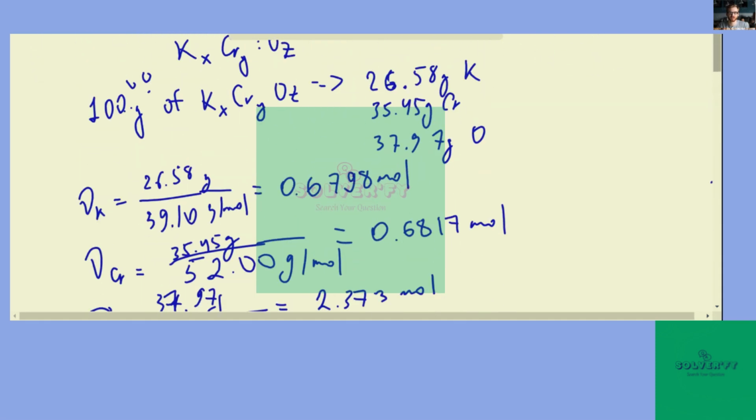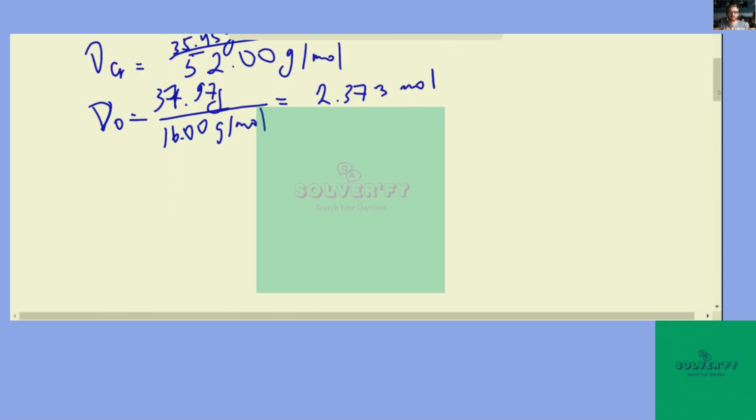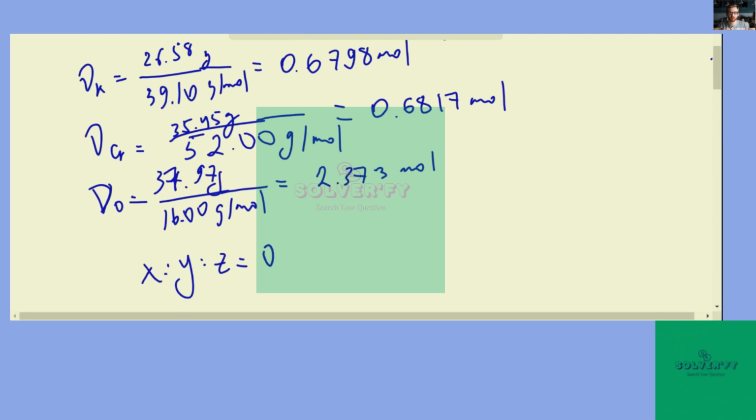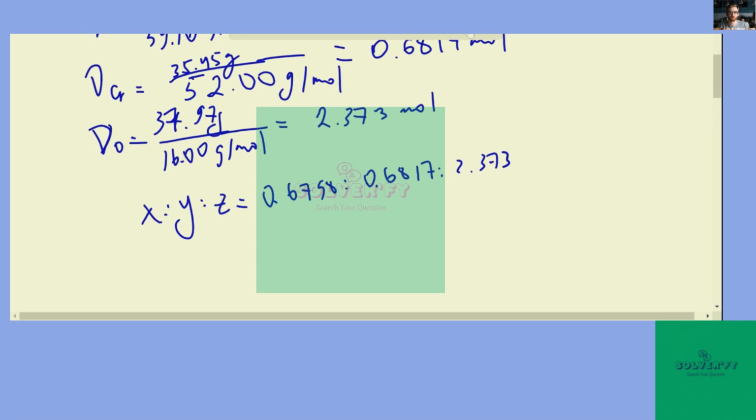Okay, we've calculated these numbers, and now we can make the following proportion: x over y over z equals the corresponding number of moles, 0.6798 to 0.6817 to 2.373. So let's choose the minimum of these.